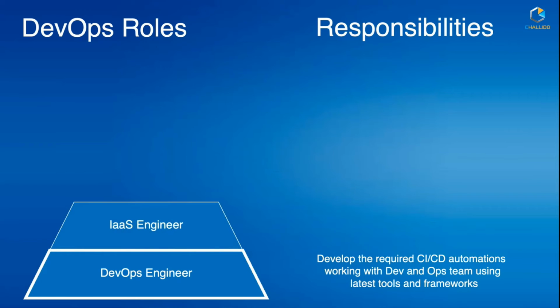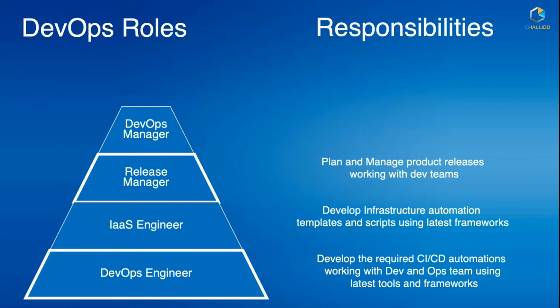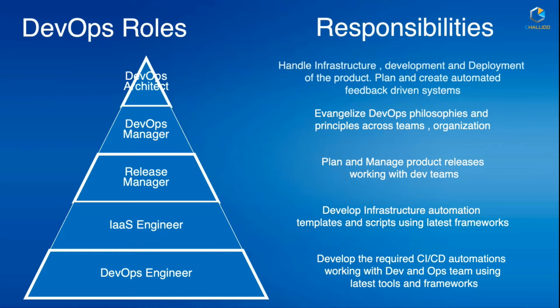So the starting point, the basic role that comes, is a DevOps engineer role. This is a role where you will be hands-on with creating the CI/CD pipelines using various tools that we saw previously, and become an expert in those tools, how to implement depending on the requirement, depending on the tech stack.